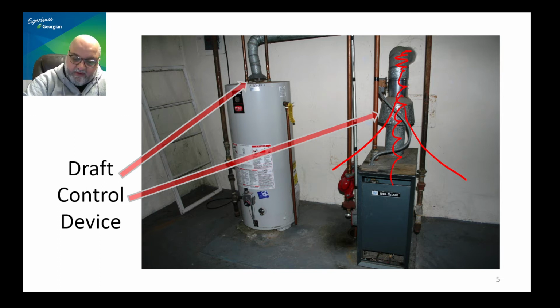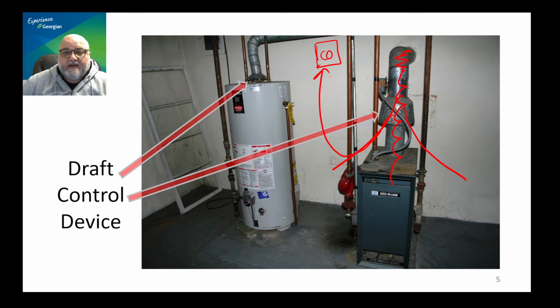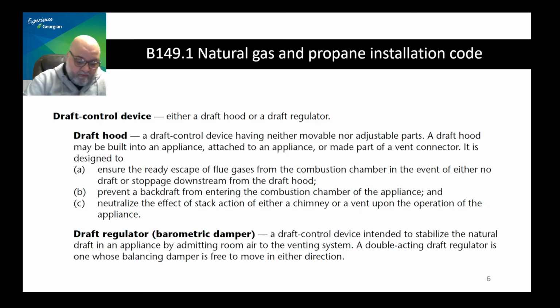And hopefully people who are using these have some kind of a carbon dioxide sensor somewhere here, where the carbon dioxide sensor will be activated and someone will know something is wrong. So that's the first job of a draft hood. The second job is to prevent a backdraft from entering the combustion chamber of the appliance.